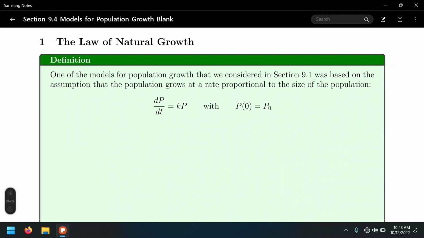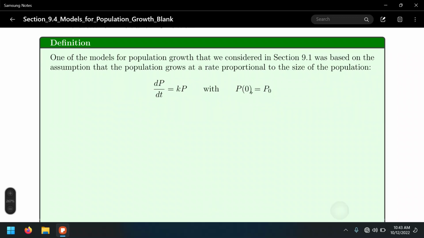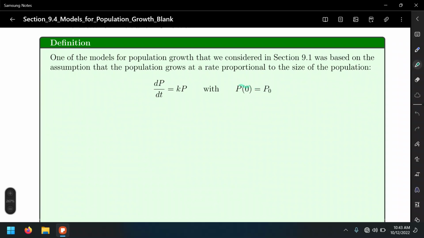The most simplistic population model tells us that the rate of change of the population with respect to time is proportional to its size, right? So how big or how small this population becomes depends on its size initially. And the initial condition is that at the beginning, P of 0 is just P initial, whatever the initial population was in that community. So we're going to solve the differential equation right here by separation of variables.